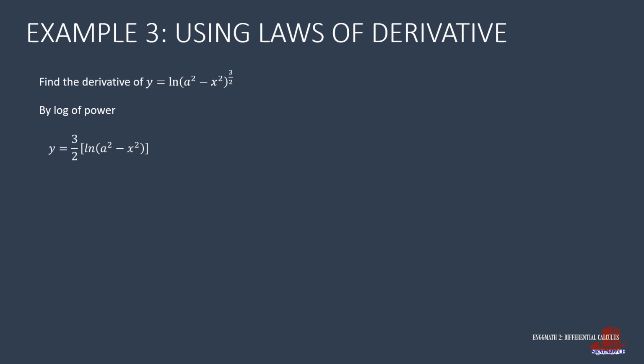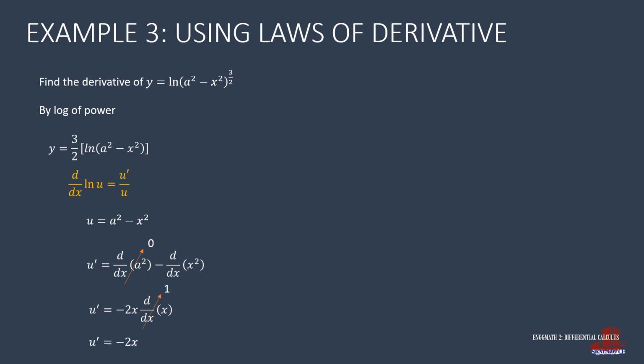Without any exponents in the term, we can work with u as a squared minus x squared, and u prime is the derivative of a squared minus the derivative of x squared. A being a constant will have a derivative equal to 0, and the other term is then worked out as negative 2x times dx all over dx.